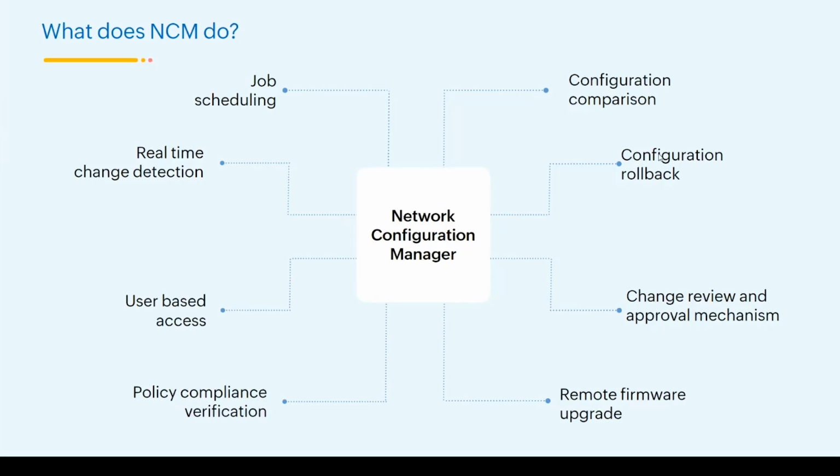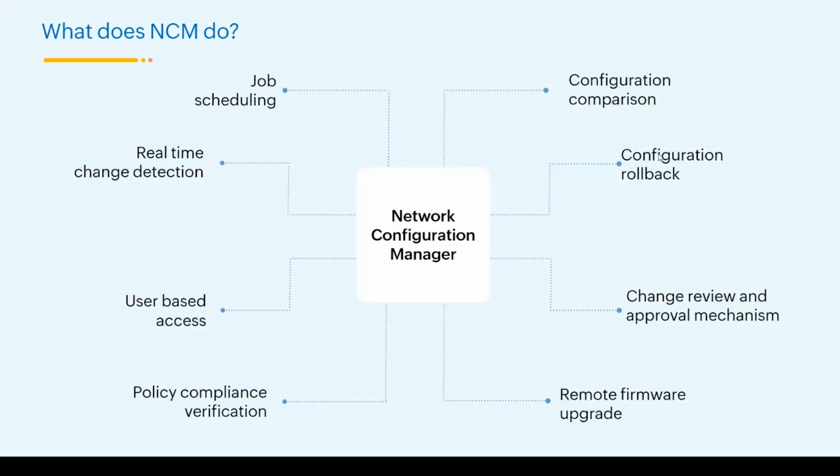Next up, we have user-based access as well as change review and approval mechanisms where admins hold the authority. So you can restrict users' access for certain operators, and you can provide them access only for 2 or 3 devices or vendor-specific devices for them to manage. And if they make any changes to the devices which you have given access to them, it will go through a review mechanism where the changes will be immediately notified to the admin.